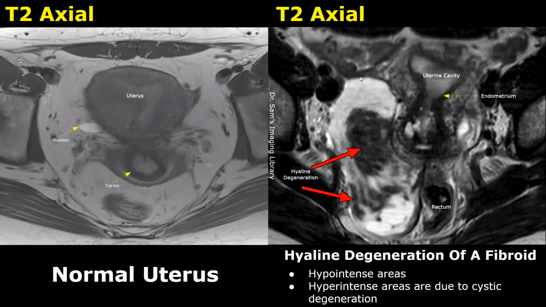The hyperintense areas are due to cystic degeneration, which we will see further ahead. This is the uterine cavity, and over here is the rectum. Usually degeneration occurs in large fibroids due to the reduction of blood supply.